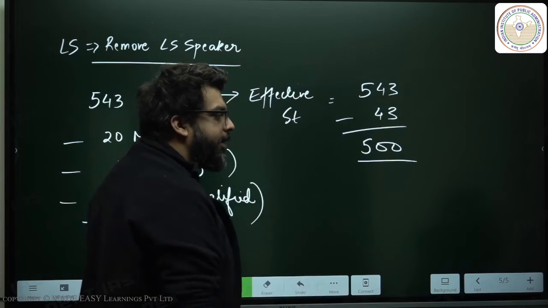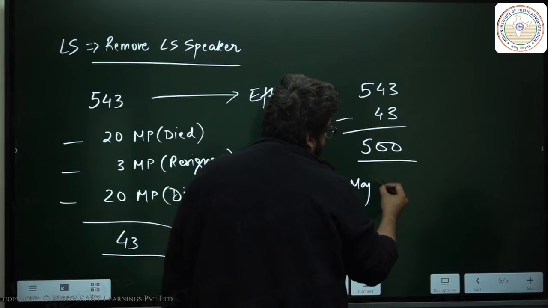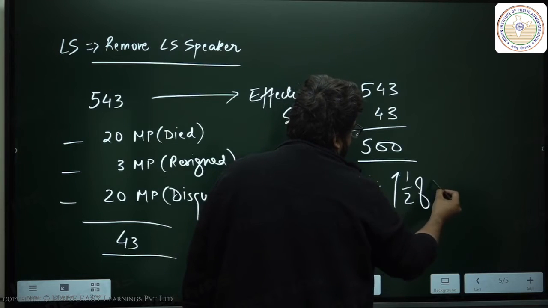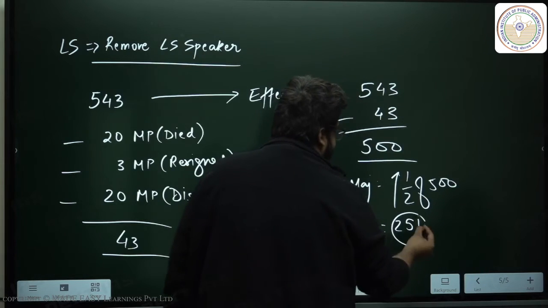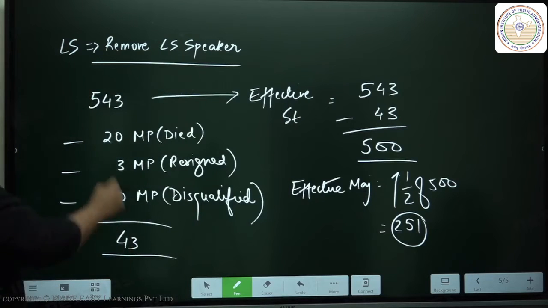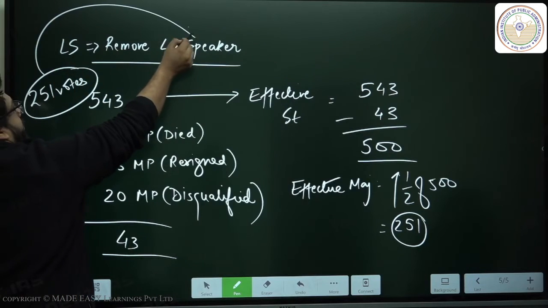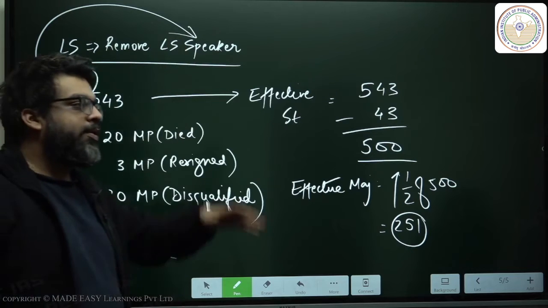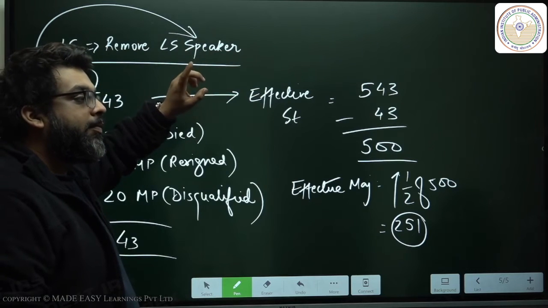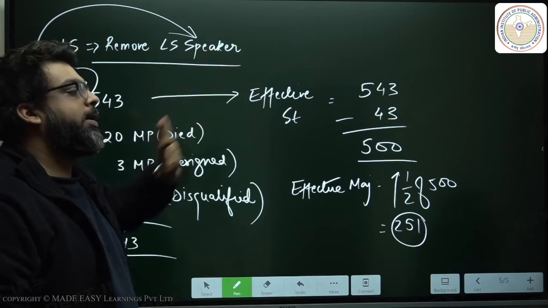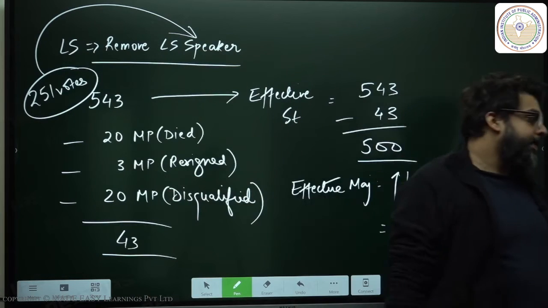Now your effective majority is going to be more than half of 500, which is 251. मतलब इस केस में you would require minimum 251 votes to remove the Lok Sabha speaker. ताकि कोई फालतू में ना निकाल पाए और कोई फालतूपने में इनको छोड़ ना सके. ठीक है, कोई फालतू में ना निकाल पाए और कोई फालतू जना इनको पार्टिसिपेट इनके प्रोसेस में ना कर सके.